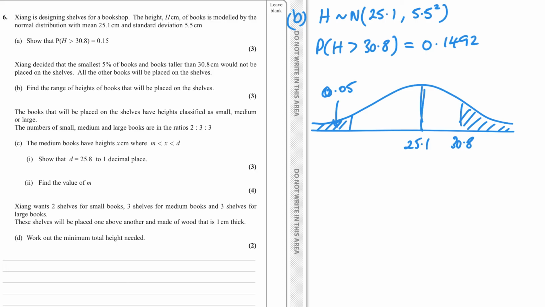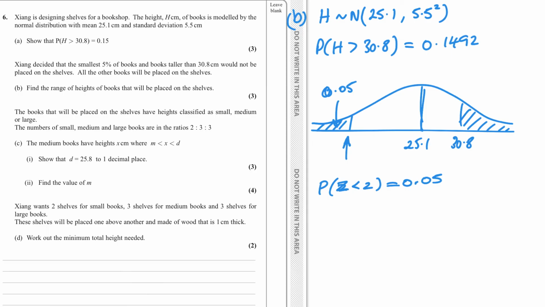And then, of course, we want to find the range of heights of books that are going to be placed on the shelf. So what we're actually looking for is this value here. So that is that z being smaller than some number is going to be equal to 0.05.